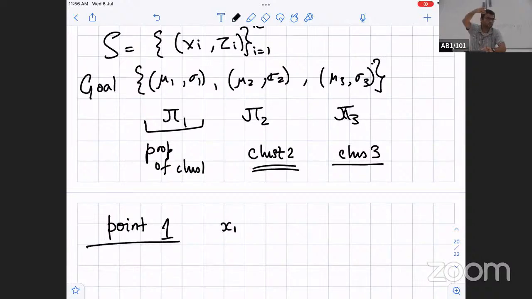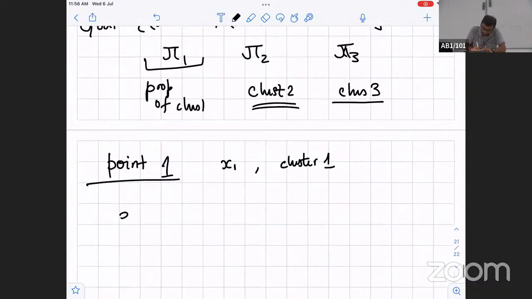I take an individual and note his height. That is x1. And suppose that person comes from population cluster 1. So what is the probability of this happening? The probability that that person lies in the low income group is pi 1.